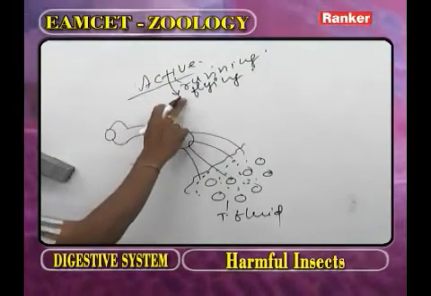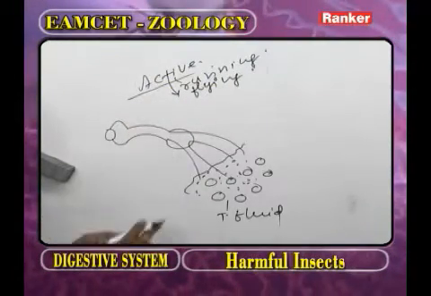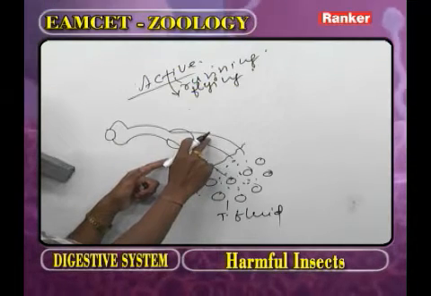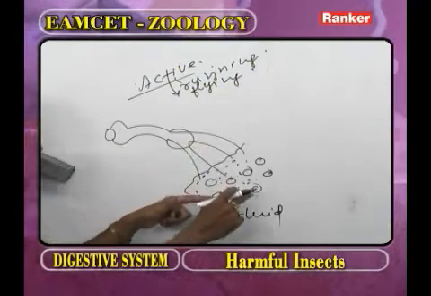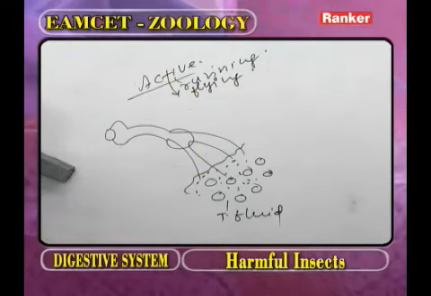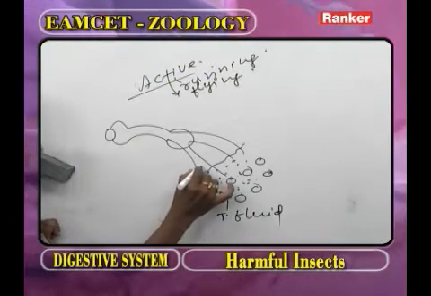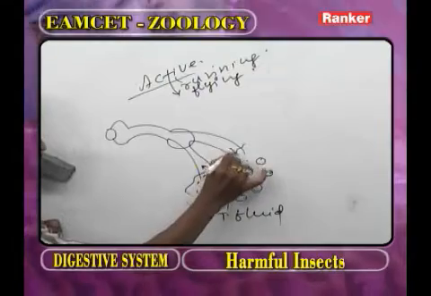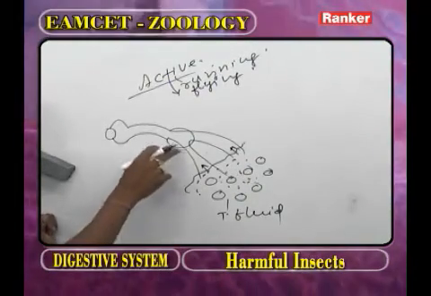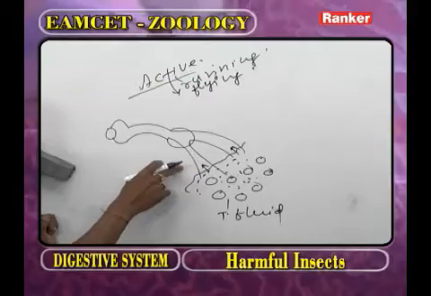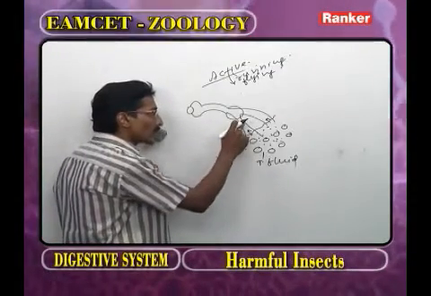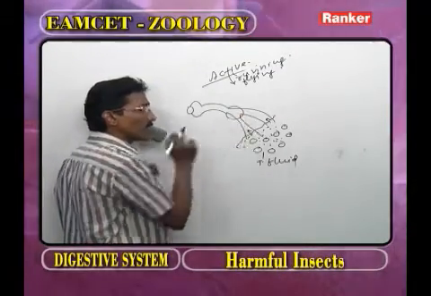Whenever the cockroach is active, the fluid present in the tracheoles re-enters the tissues. Whenever the cockroach is inactive or at rest, the tissue fluid enters from the tissues into the tracheoles.